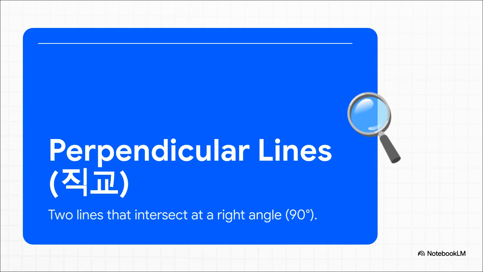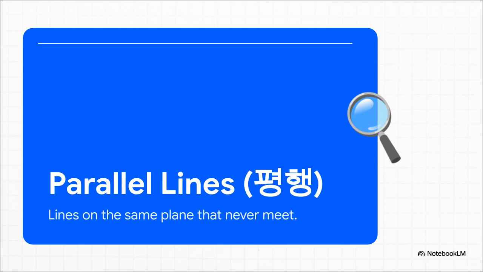It gives us squares, grids, the stable corners of buildings. It's predictability. And then you have parallel lines, or 평행. These lines are like perfect partners, or maybe train tracks is a better way to think about it. They exist on the same plane, they always stay the exact same distance apart, and they will never, ever meet no matter how far they stretch into infinity.